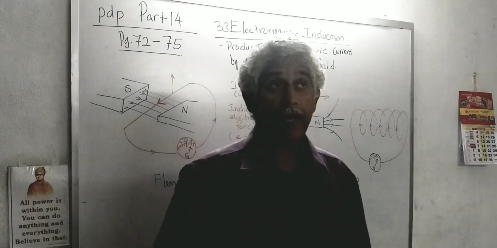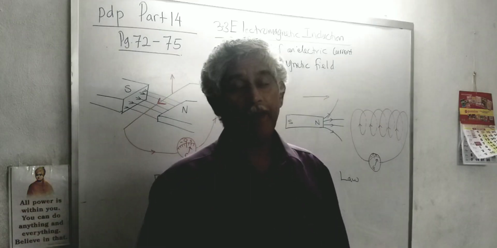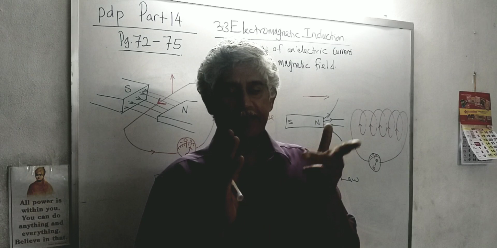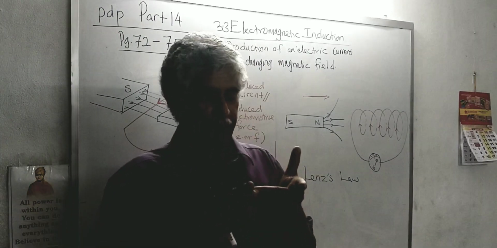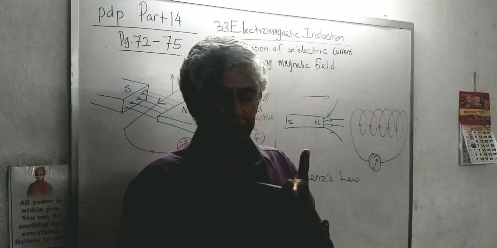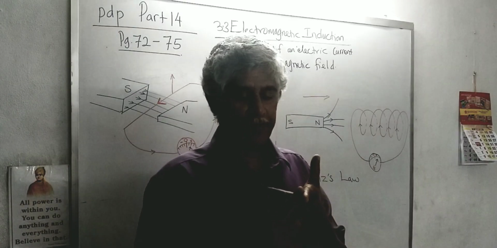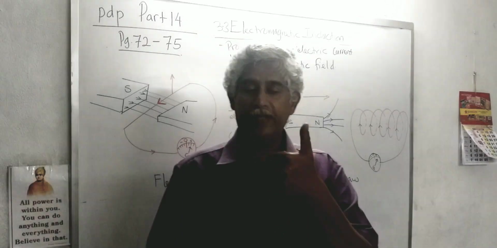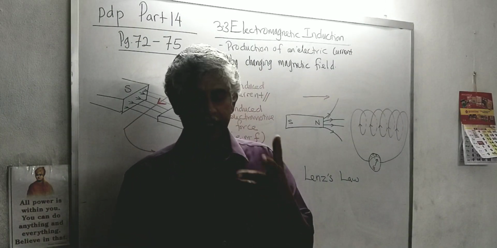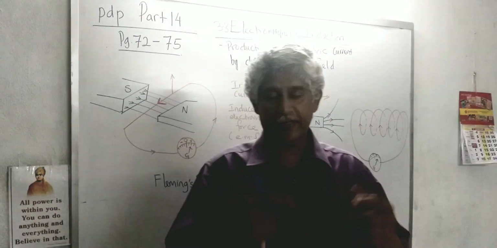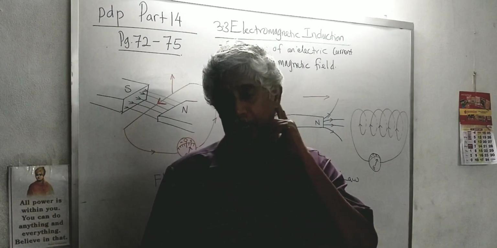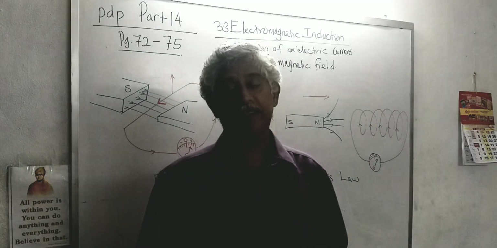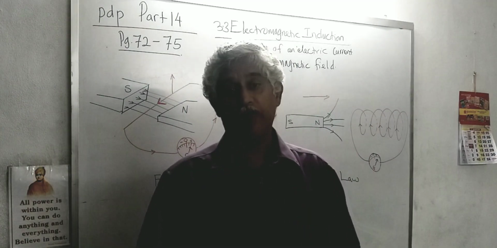Then we learned Fleming's left-hand rule: the middle finger represents current, the pointing finger, the first finger, shows the direction of the magnetic field, and the thumb indicates the direction of the force. We applied this to discuss the function of a motor. I have done some questions, objective and structure, and given you the answers also, so I'm sure now you are very clear.